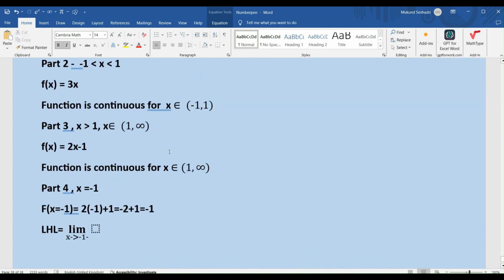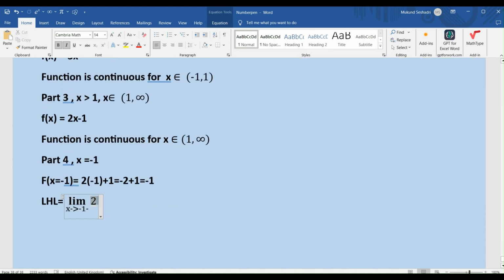So I'm going to pull out 2x plus 1 as my function, and minus 1 from the left means 2 times minus 1 minus h, h being infinitesimal, and h will be tending to 0. I substitute 0, what do I get?